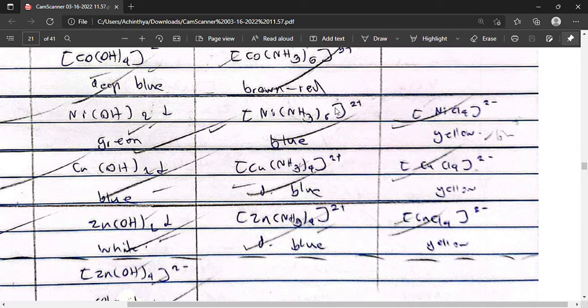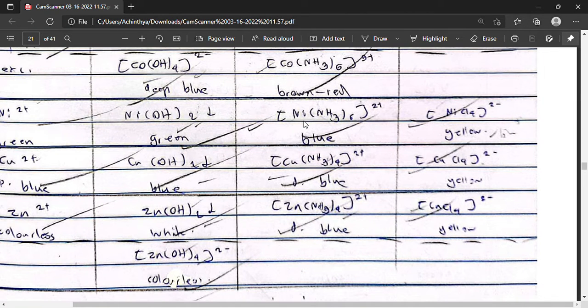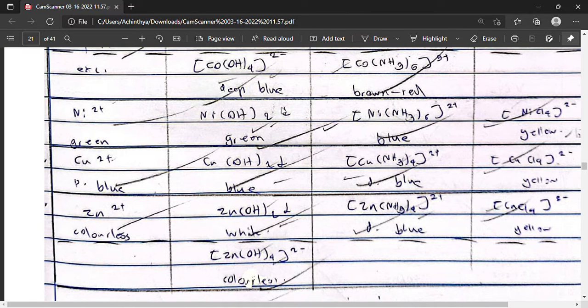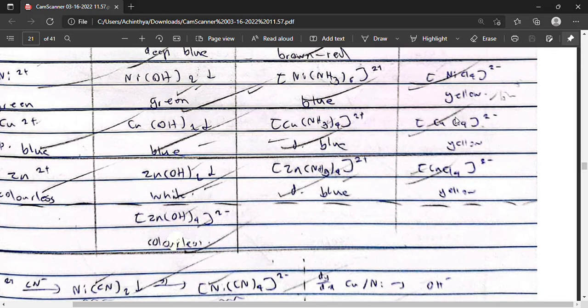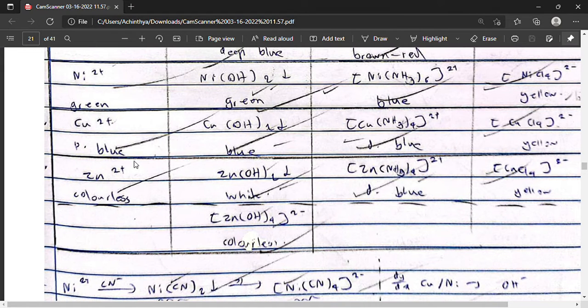It's blue in color, hexaamine nickel 2 ion. And if we were to add excess chloride ion into nickel, we get this chlorocomplex, tetrachloronickelate 2 ion. It's a yellow color solution when in aqueous medium, and it's blue color in alcoholic medium. It's a rather interesting property about it.